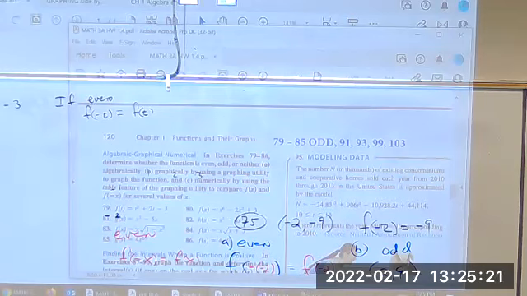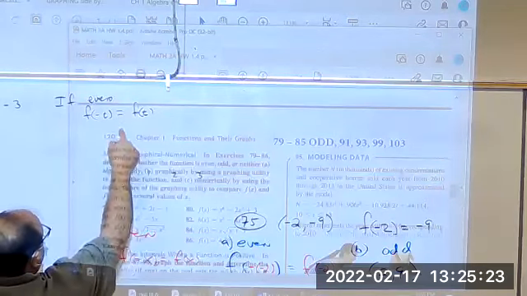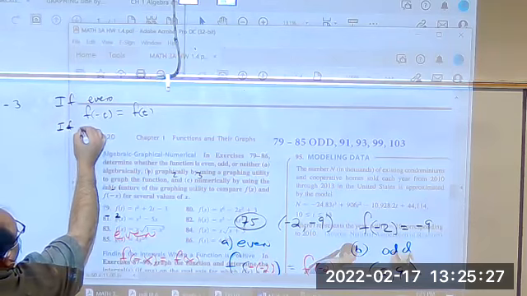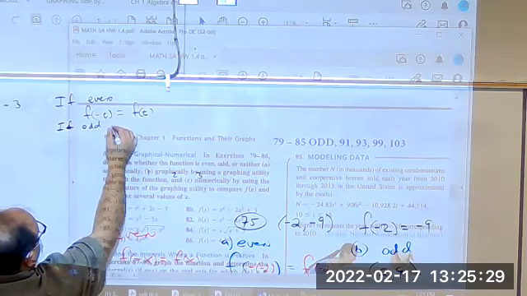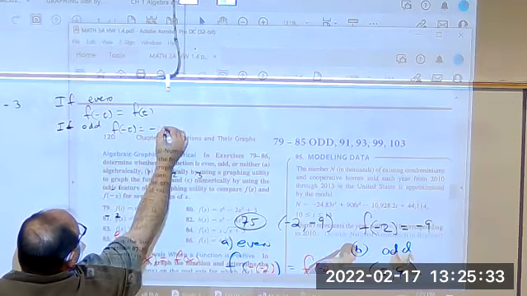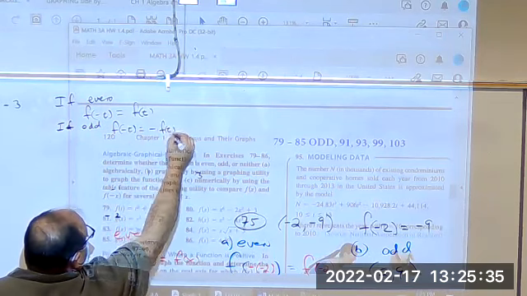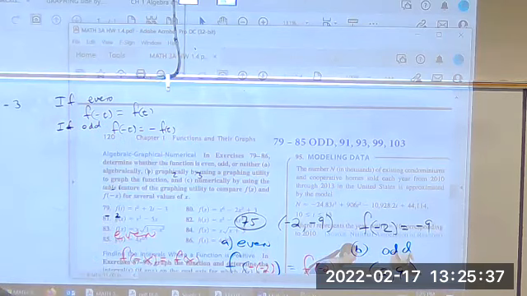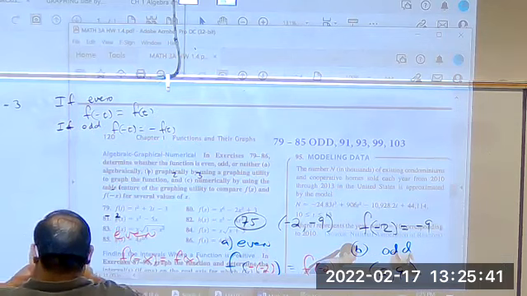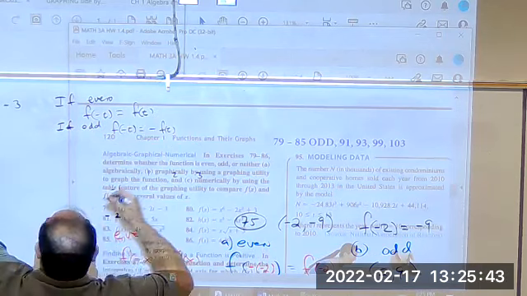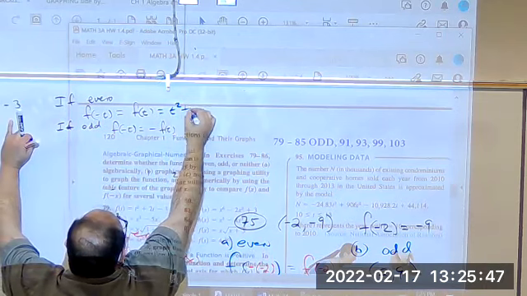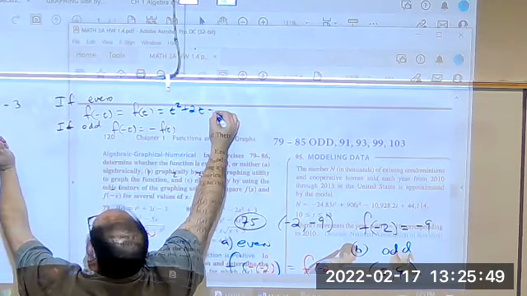If it's even, if odd, then f of negative t would be the opposite of f of t. So what does that mean to us? That means f of t is t squared plus 2t minus 3.